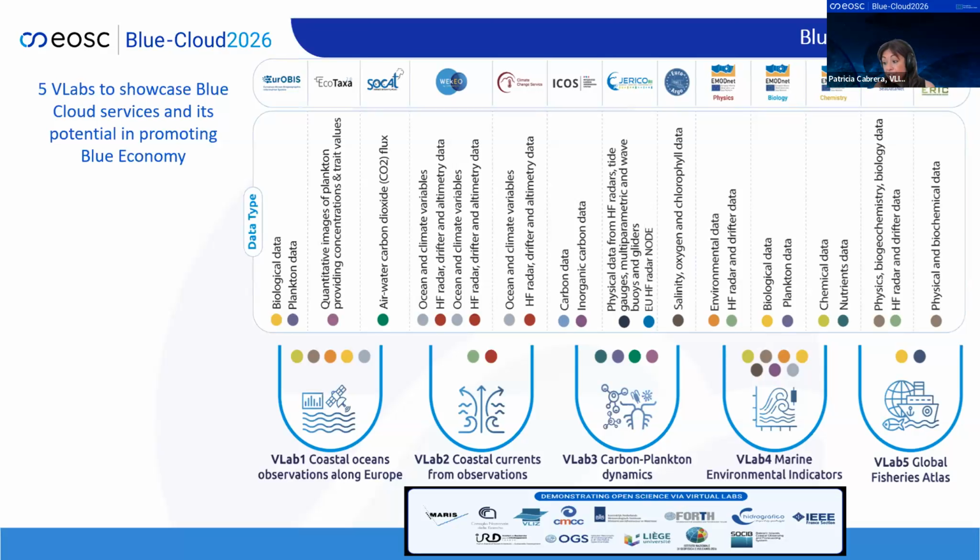Then we have VLab 2, Coastal Currents from Observations. In this VLab, we're using different data types for currents, and it provides a methodology to process all this data together and come up with data products for current observations, and as well to apply this to a model for an oil spill. So it will be presented in the future in another webinar.